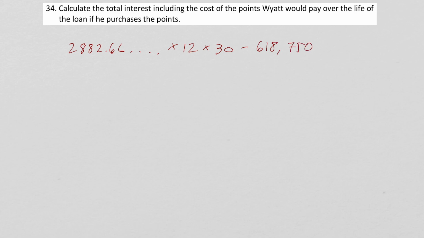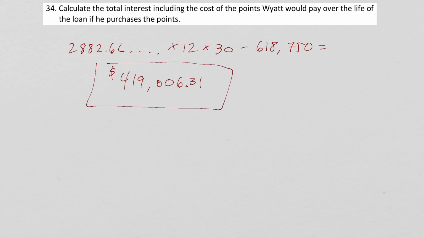We can't count the points in there because we had to pay for the points in order to do this. But this is going to come out to $419,006.31. So this amount includes the amount of money that we'll pay, including the points.